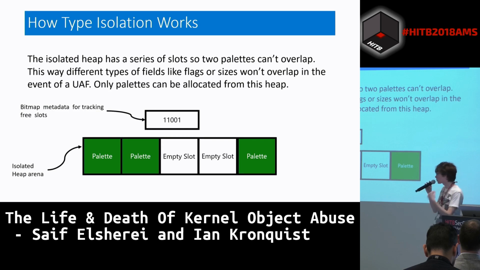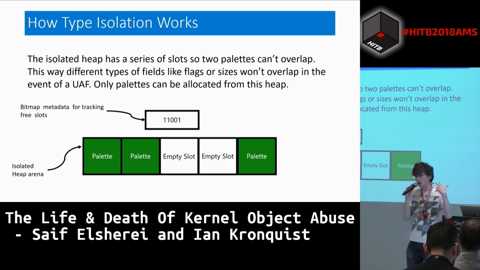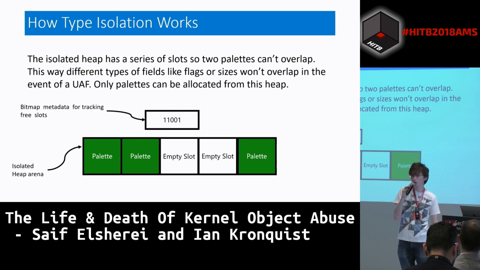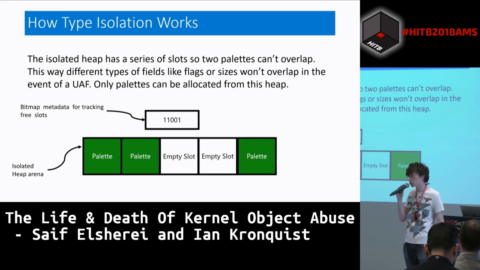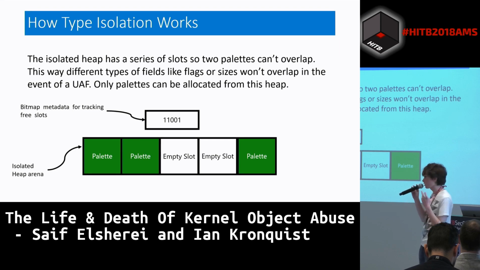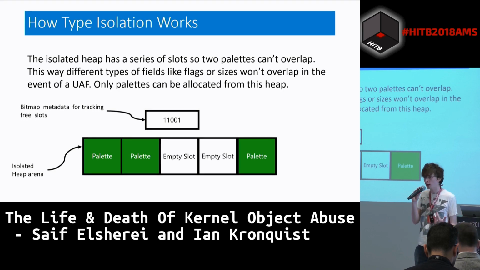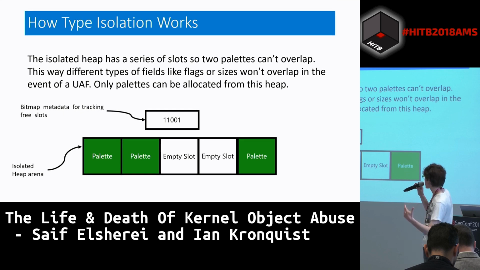So I want to talk to you a little bit about the data structures we use to make this work. We decided each of these types is going to be in its own heap. How do we decide the layout of this heap? How do we make it efficient? Well, since each object is of the same type, one of the most efficient ways to track which objects are free and which ones are used is to just have a big bitmap.